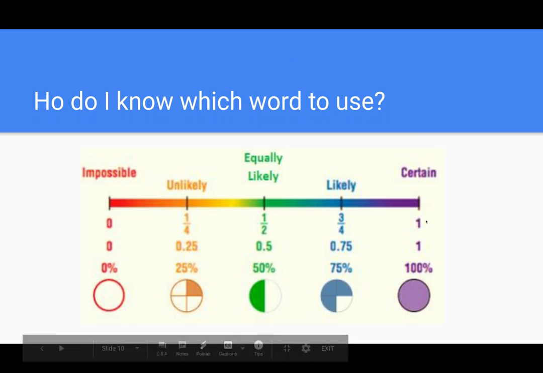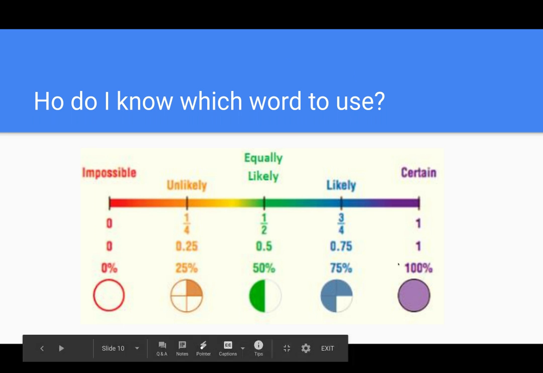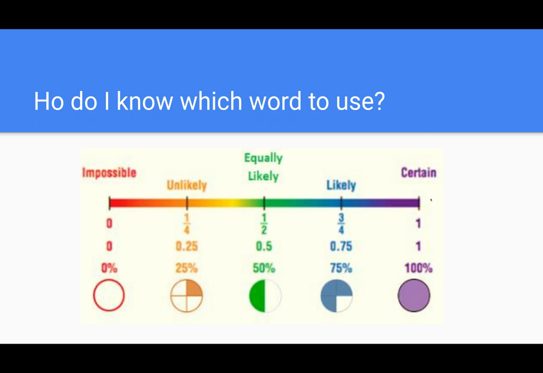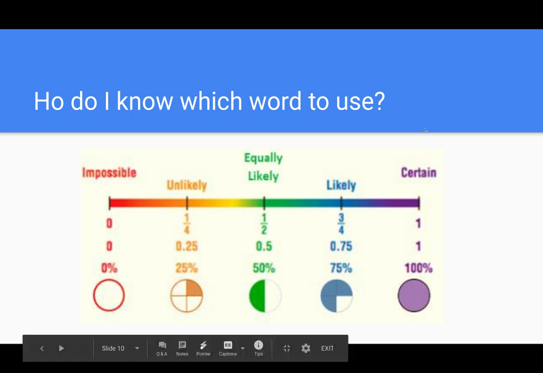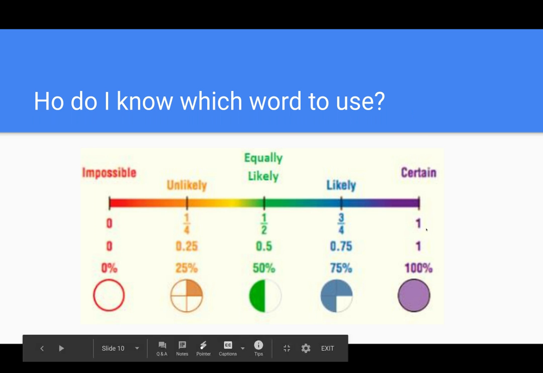Now let me jump to the other side to certain. If I have a fraction of 1 or a percent of 100, that would be described as certain. For instance, I'm going to roll this number cube. Remember, it has 1, 2, 3, 4, 5, 6. And I ask you, what is the probability of the cube landing on a number? Well, that's certain because that's the only thing that's on the cube is numbers.